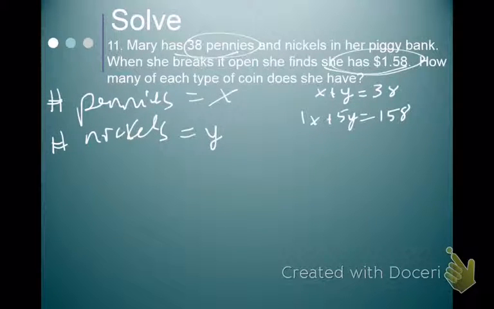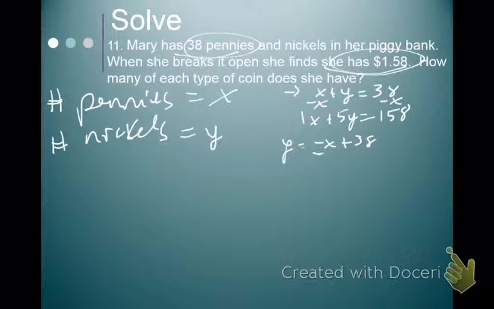All right. And then we got to go solve. Right? Choose one of the equations, get one of the variables by itself. I'm going to choose to get y by itself for the first equation, just to be a little bit different from last time. So subtract x from both sides, and y is equal to negative x plus 38.